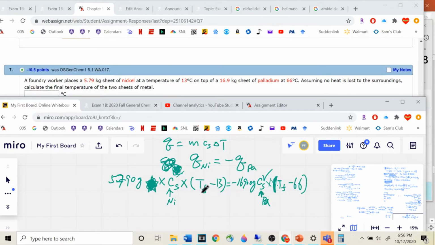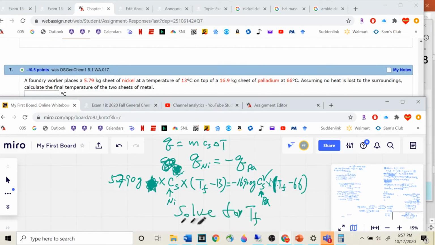You have Tf here, and you have Tf here. That's the same value. So therefore, you can just rearrange this mathematical equation and solve for Tf. That's the strategy for solving this problem.